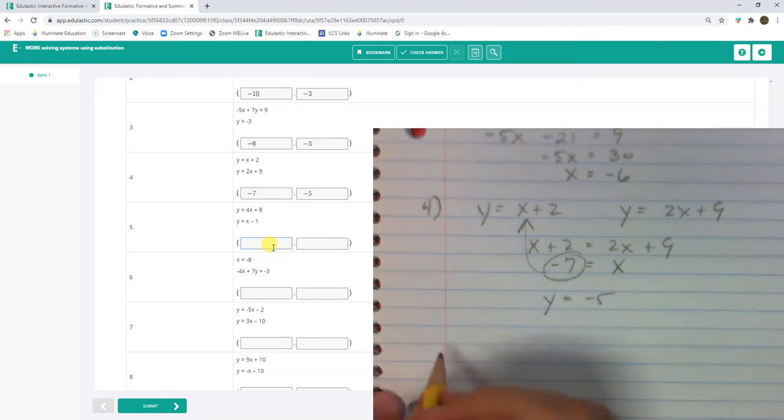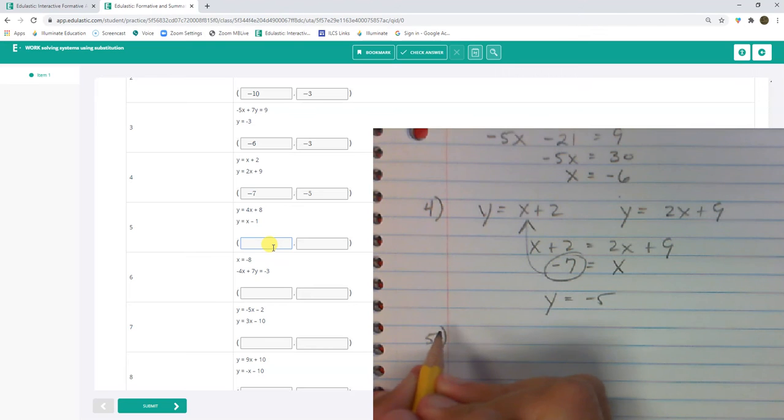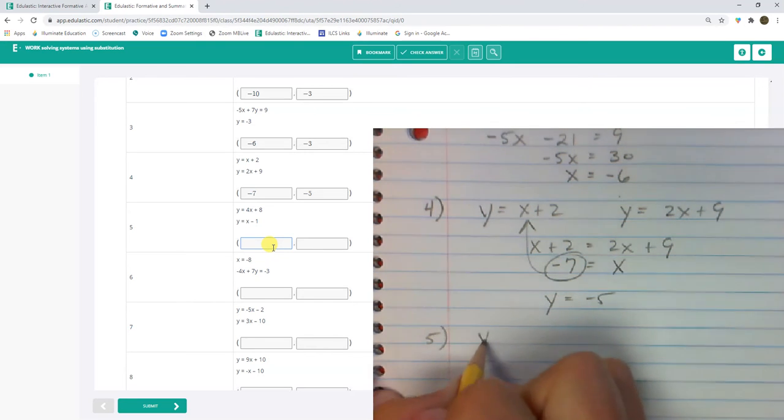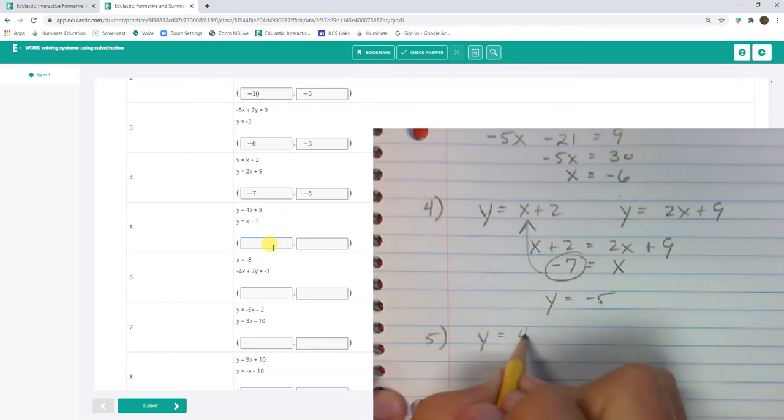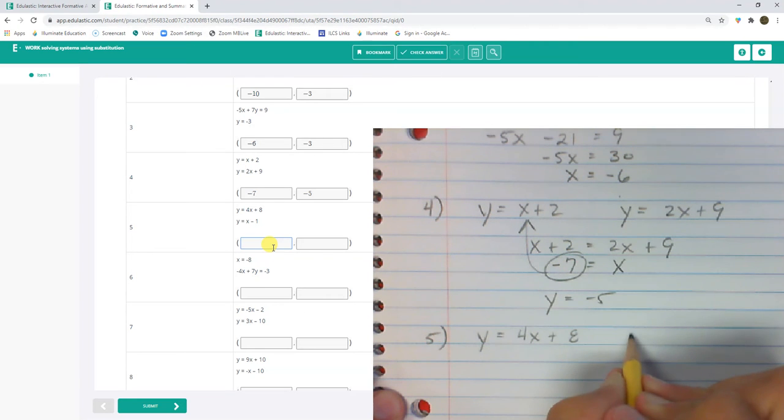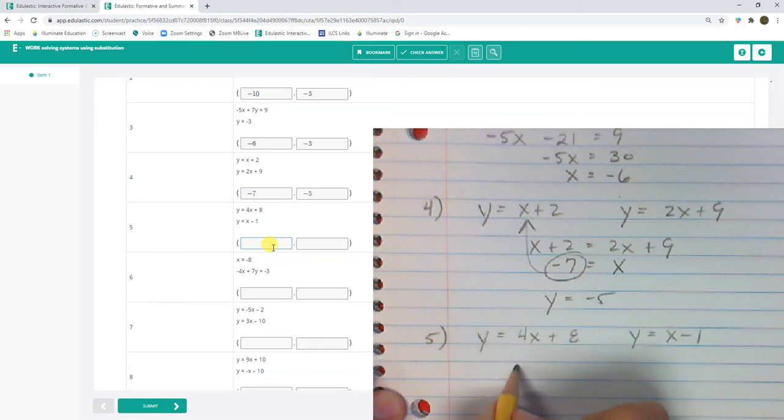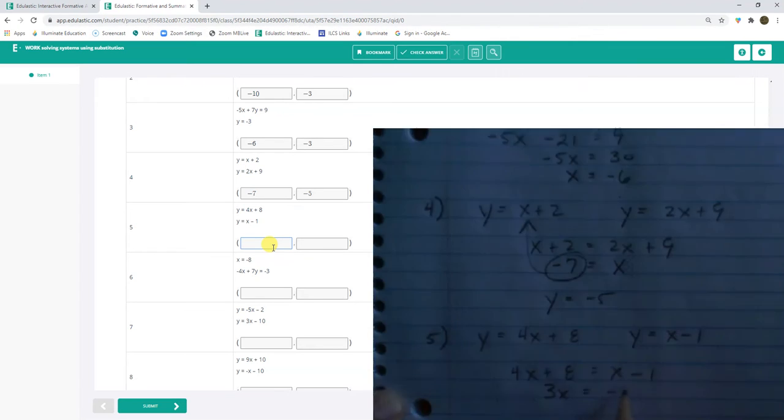On to 5. y equals 4x plus 8, y equals x minus 1. Set them equal. 4x plus 8 equals x minus 1. Subtract x from both sides gives me 3x. Subtract 8 from both sides gives me -9.